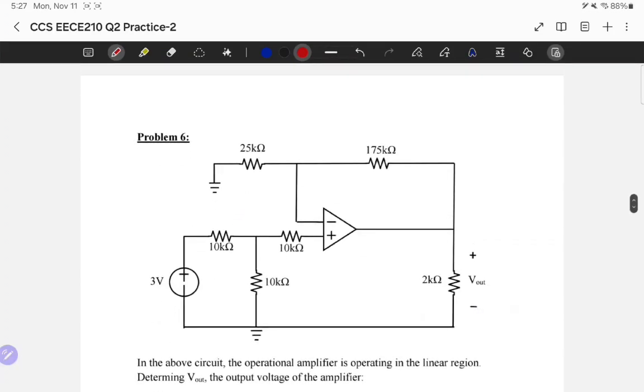Problem 6, operational amplifiers. Operational amplifiers are really interesting. First of all, let's see what's the benefit of having an operational amplifier.